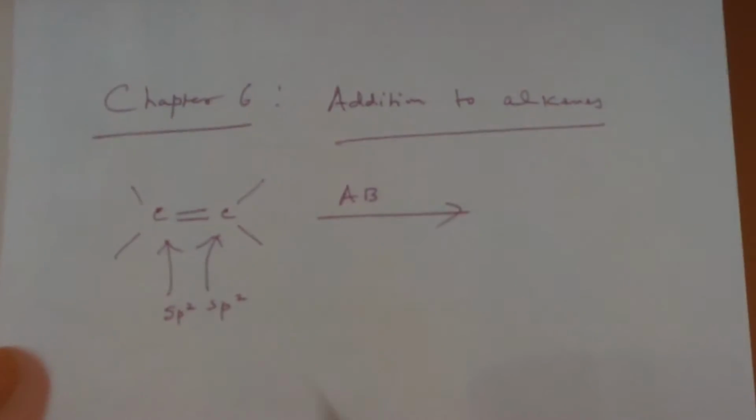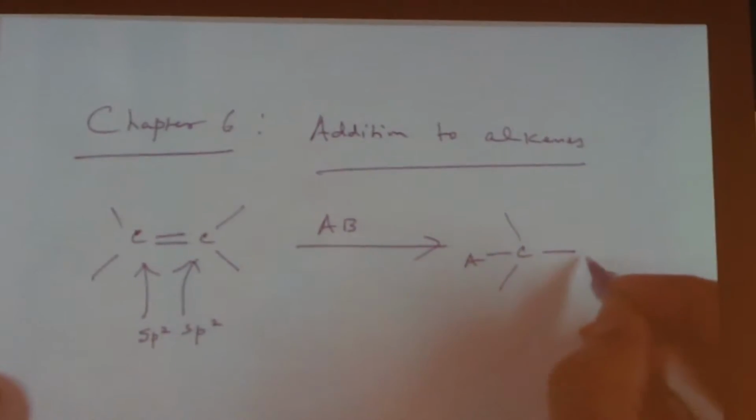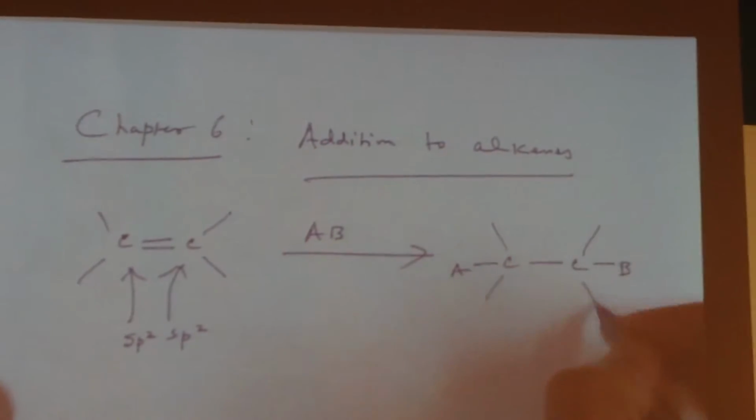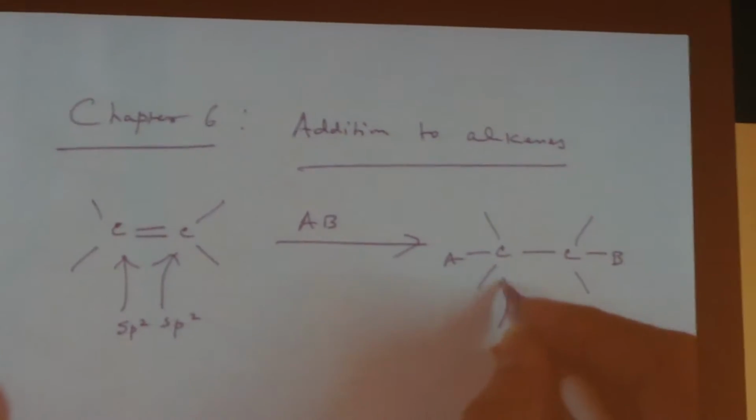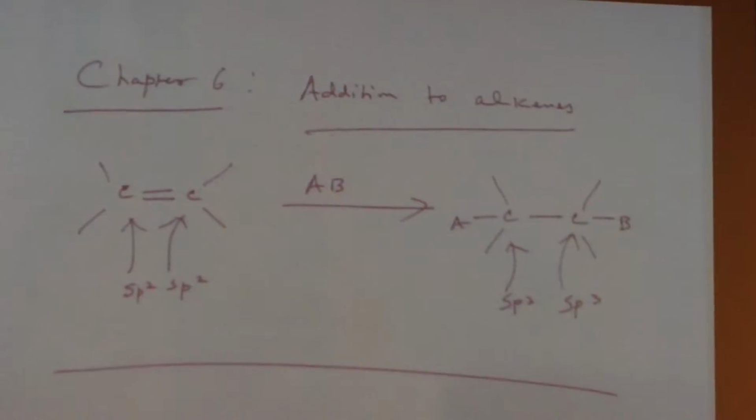So the addition reaction, as we can expect, we start with sp2 hybridized carbons, and then they add, let's say, AB, and they are added to these carbons. And the carbons become sp3 hybridized. So these are the fundamental reactions that we are now going to look at.